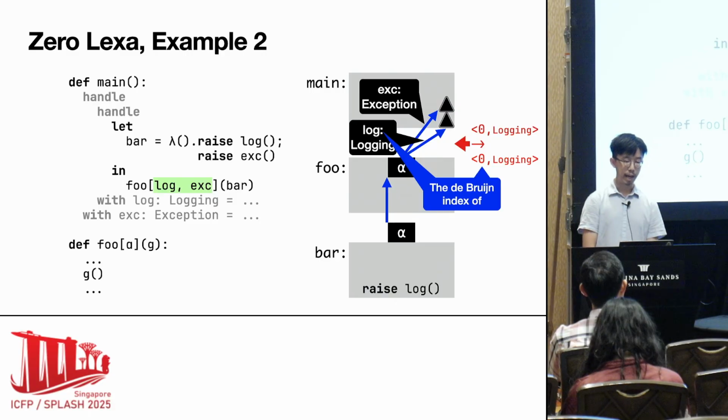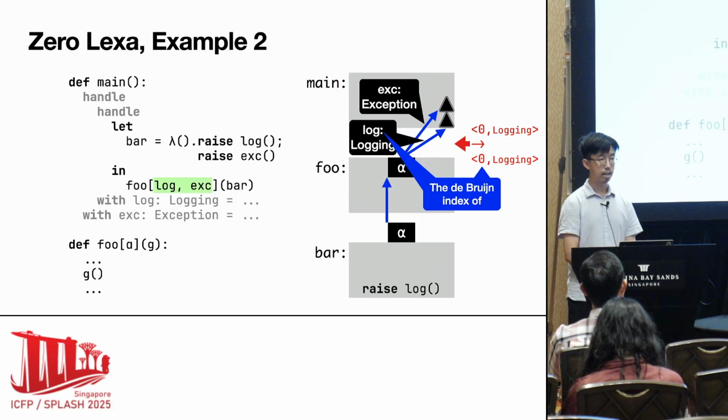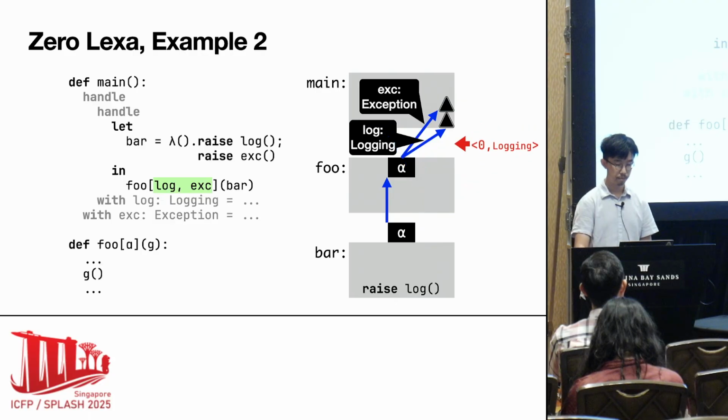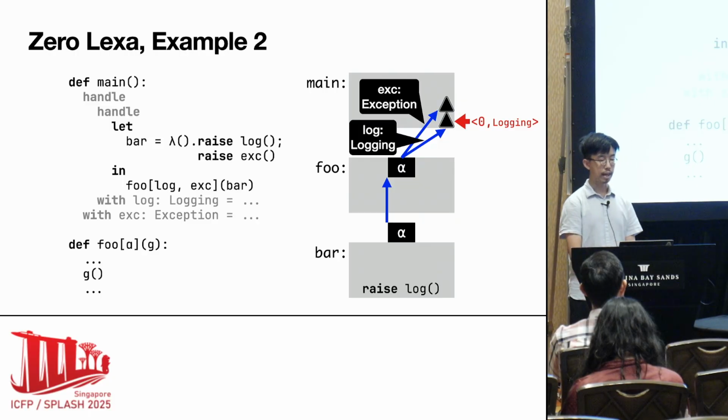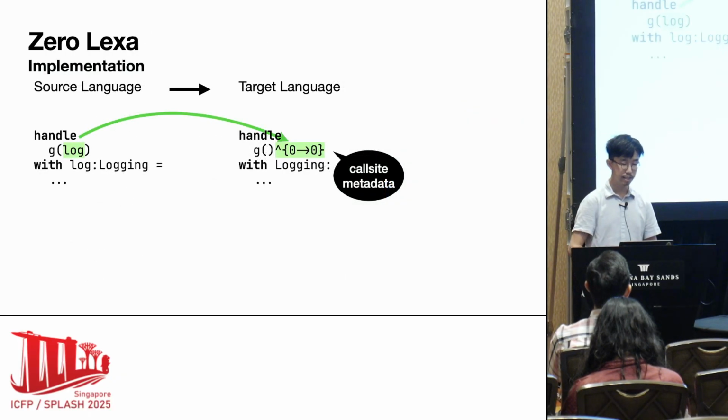And the clue is updated to carry the de Bruijn index of log, which is 0. Finally, the stack worker finds the local handler with de Bruijn index 0 inside main, and with that, we've successfully located the target handler.